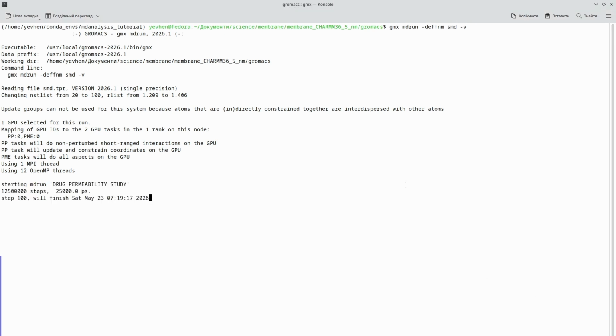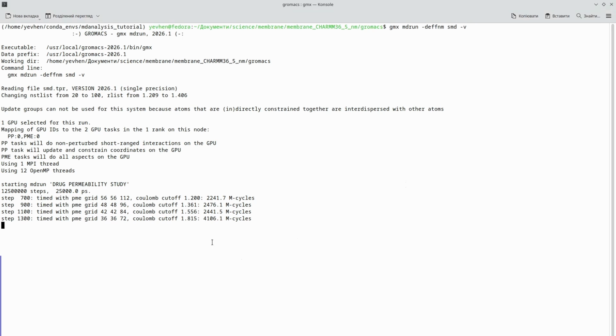AWH does a better job by controlling dynamically how much force to apply based on the history of your system. And in the case of basic steered MD, we have a constant force that is applied each n steps to push our molecule where we need.